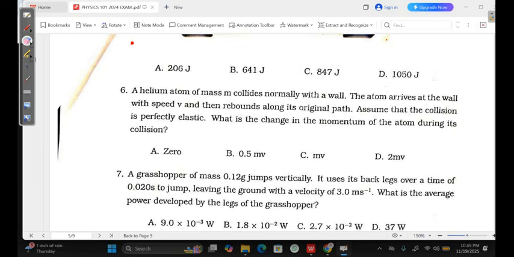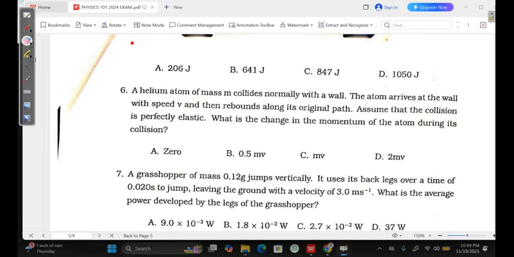Does that make sense? As long as it rebounds, that velocity is negative. And I want you to understand that because mostly they are going to use that.